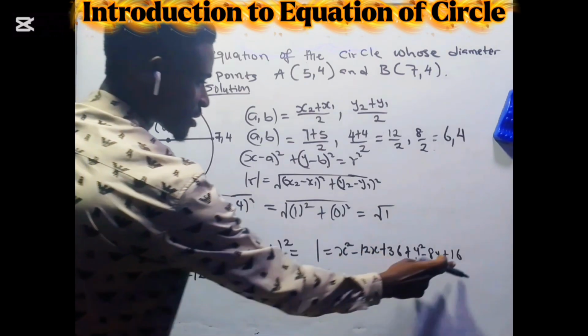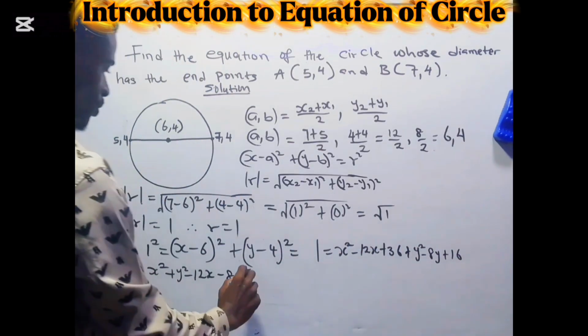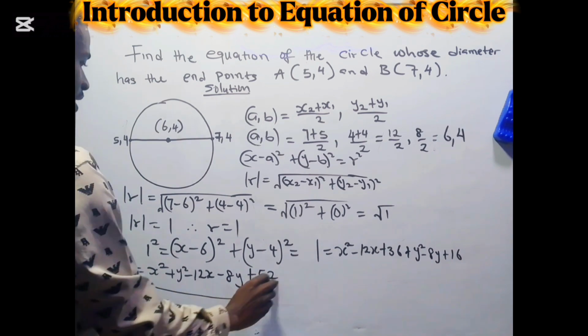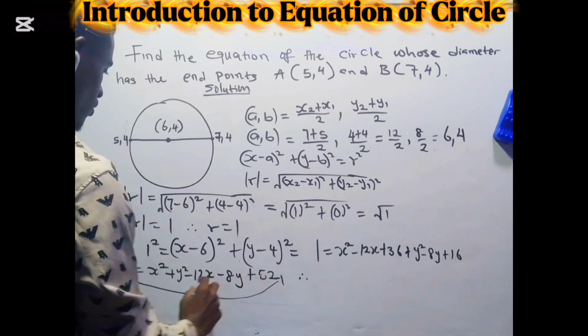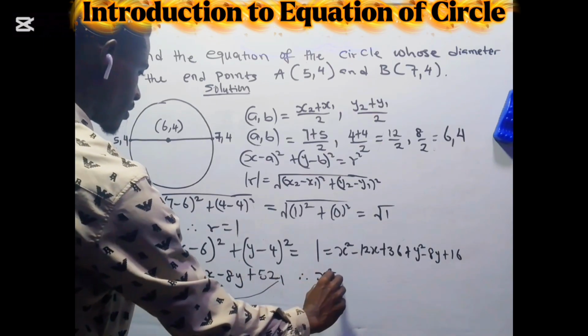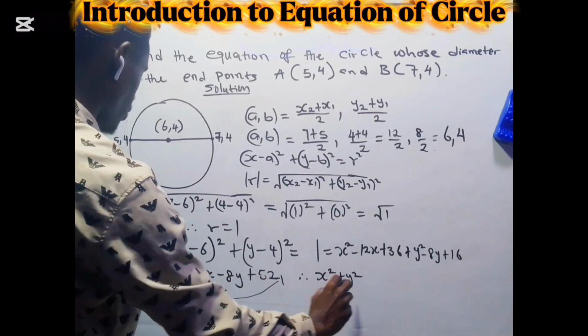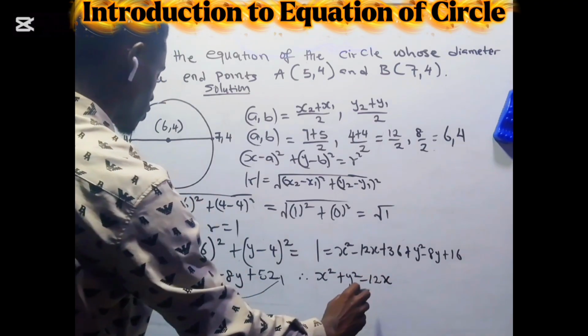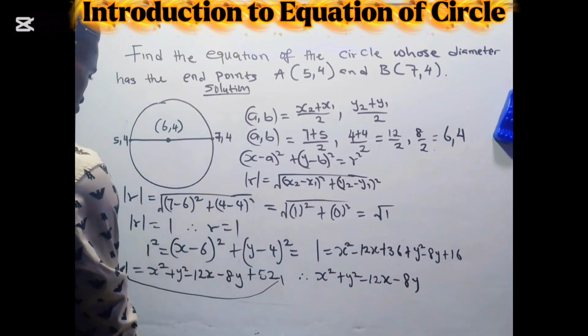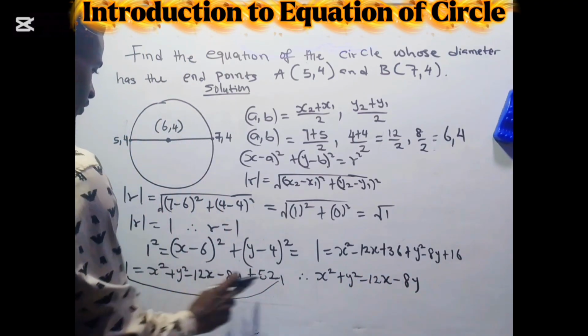Now 36 plus 16, that's 52, plus 52. Now moving 1 here, we'll have x squared plus y squared minus 12x minus 8y. Then 1 coming this way will be 52 minus 1.